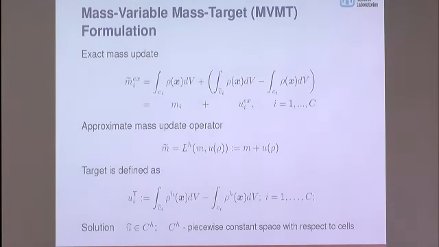And so we can approximate this mass update operator, where u here as a function of rho is an approximate update to that mass. For our target, then, we define it as this difference in integrals, where now rho h is a discretization of the density. So we're going to use a linear reconstruction for our density to formulate this.